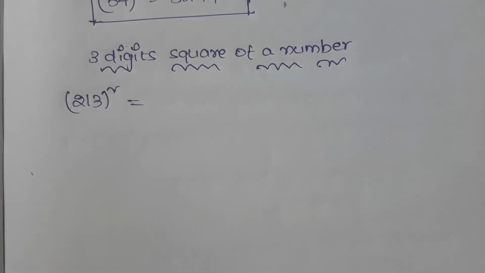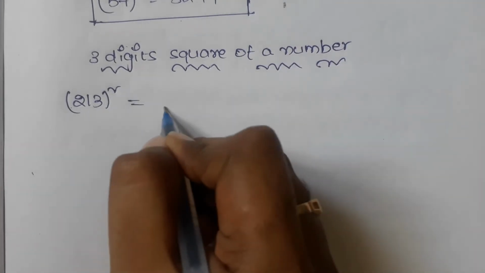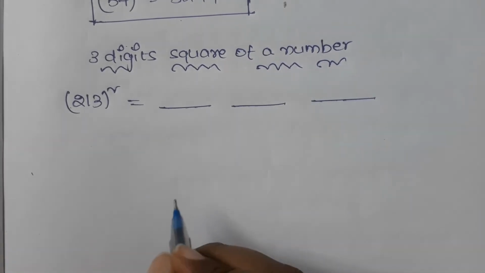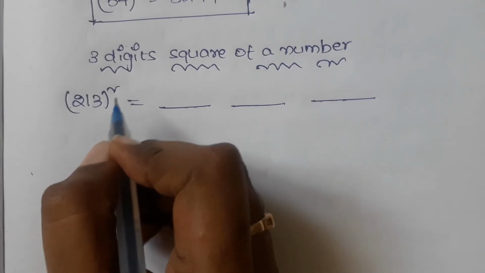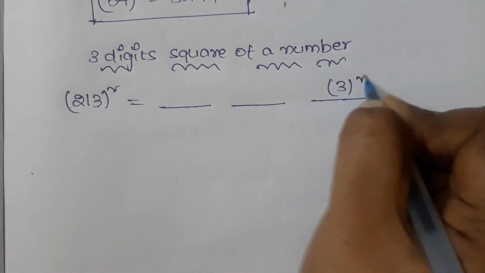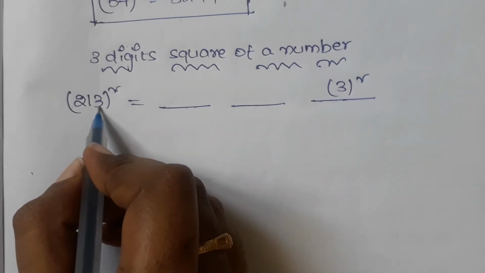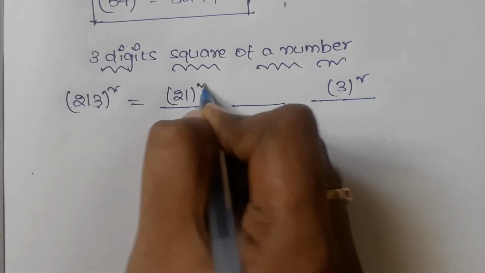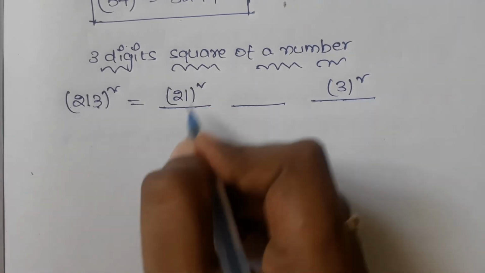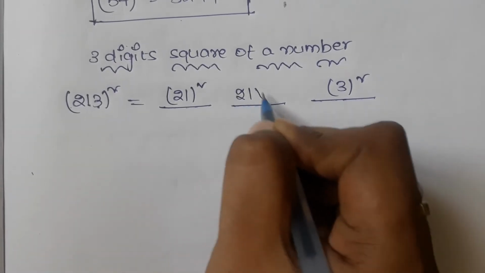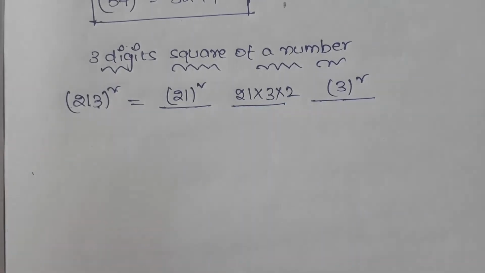As similar to the above problem, we should take here 3, and first this 3 square to be done in one's place, and in the next process 21 whole square, this 2-digit number to be taken, and here 21 into 3 into 2 in the middle part.